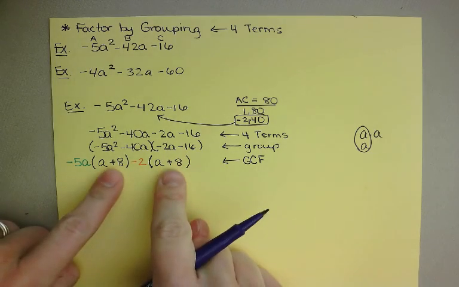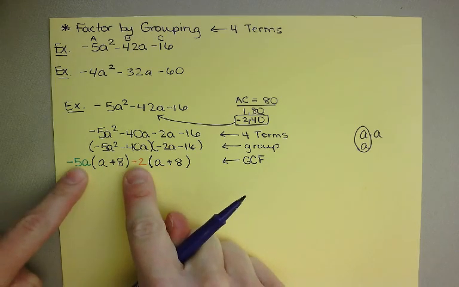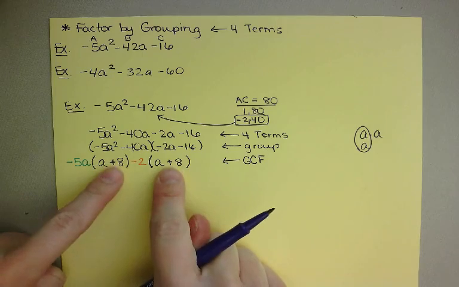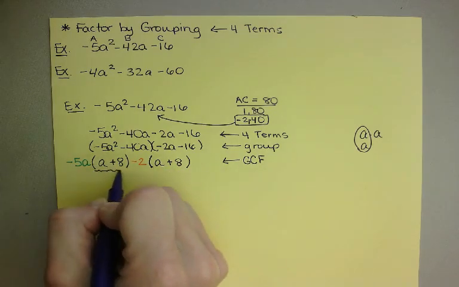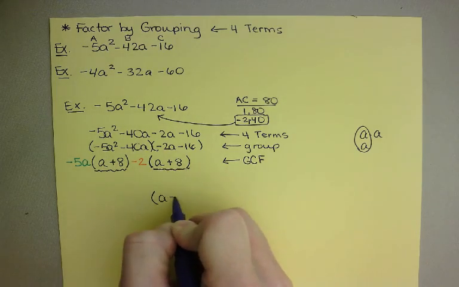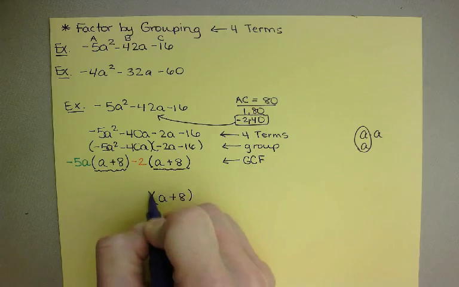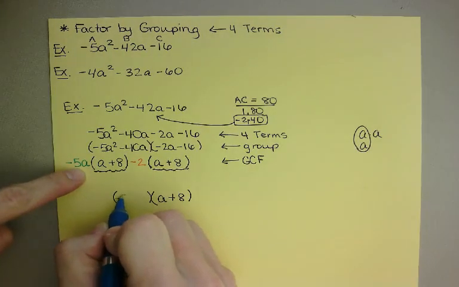You want these to match up. If they don't match up, maybe you didn't take out the correct greatest common factor, or the problem could be not factorable. But since these match up, that's my like term, that's one of our answers. Now the other answer is the greatest common factors.